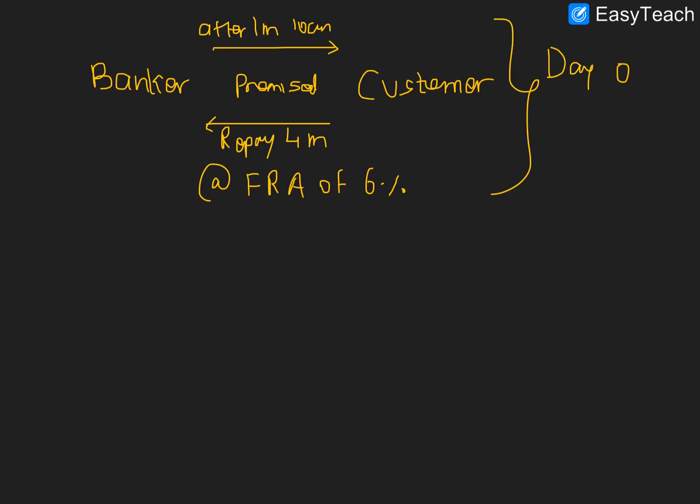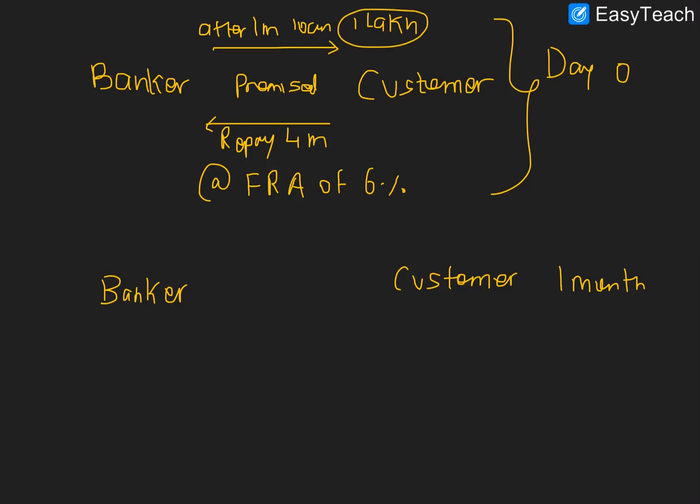Now we come to a stage where 1 month has passed, and the customer comes to the banker and asks, hey banker, just give me the loan that we have agreed, and suppose that loan was for 1 lakh.